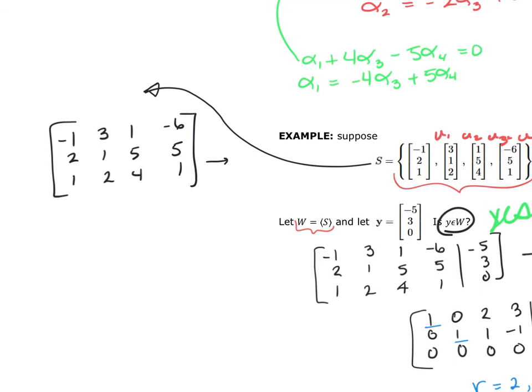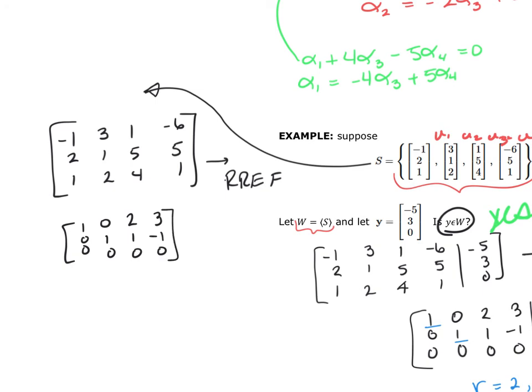So as before, I am going to reduce row echelon form this matrix. And I'm going to get, in the first column, 1, 0, 0. I'm going to get 0, 1, 0. 2, 1, 0. 3, negative 1, 0.